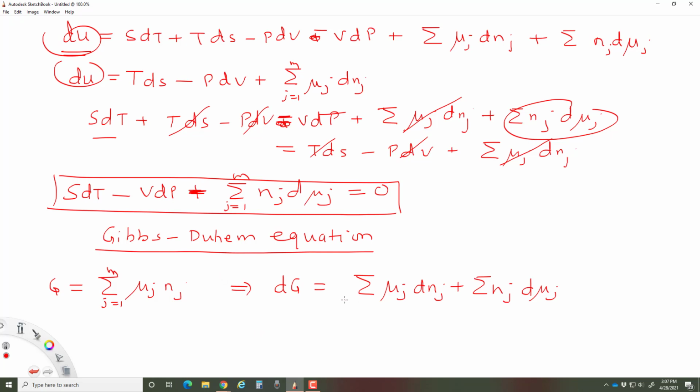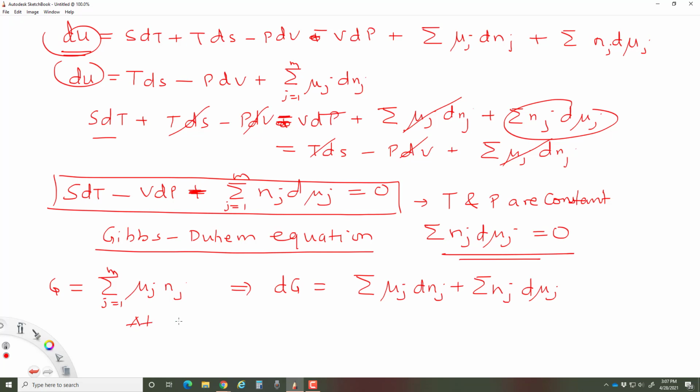If I consider the temperature and pressure to be constant, so T and P are constants, then this expression will give us n j d mu j to be 0.